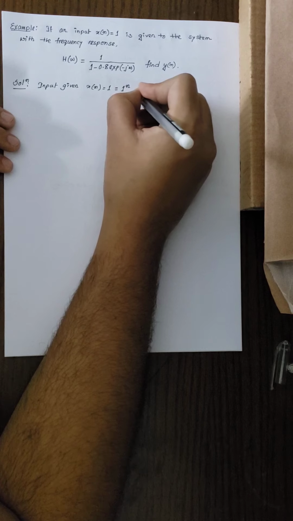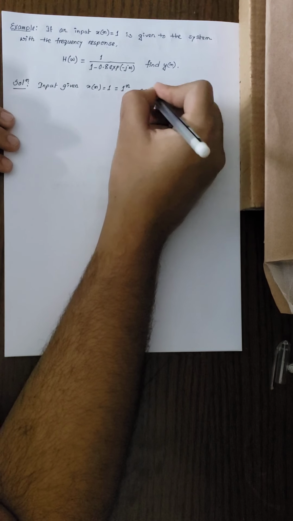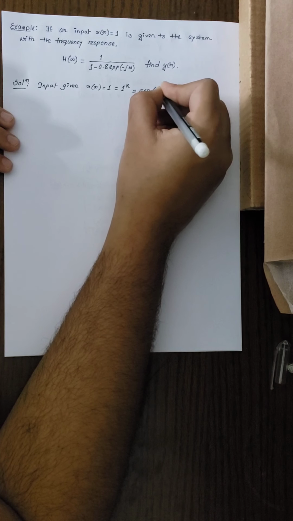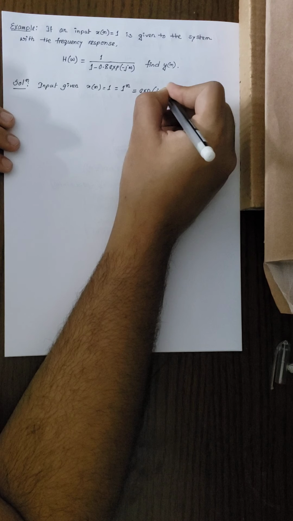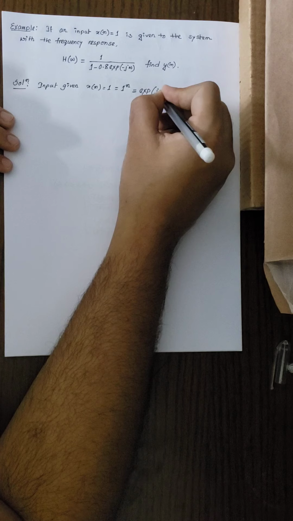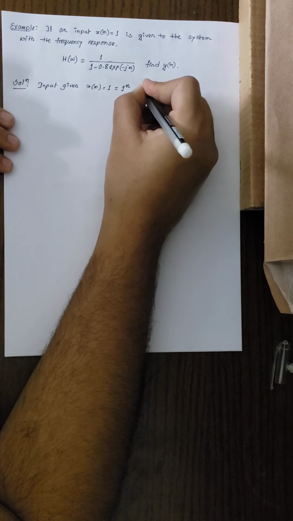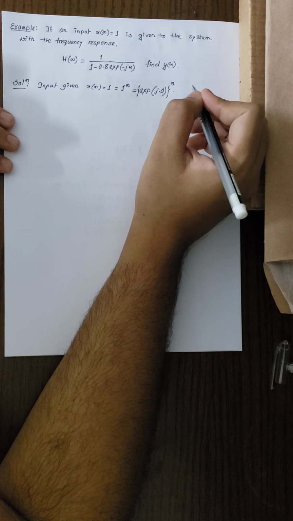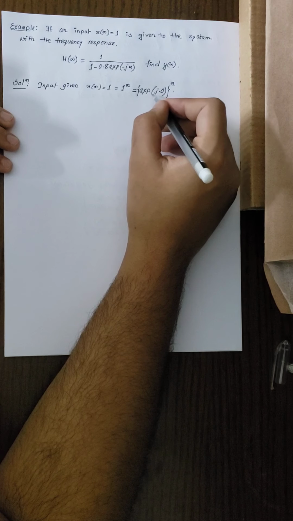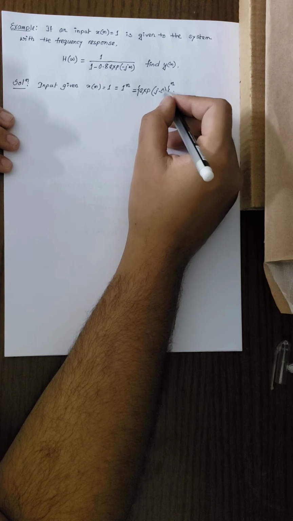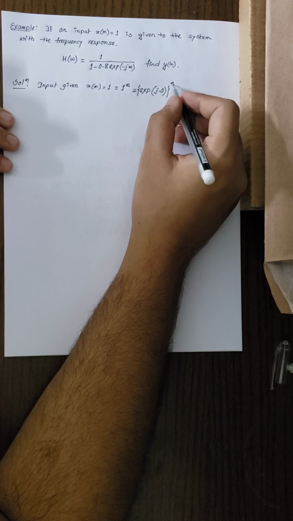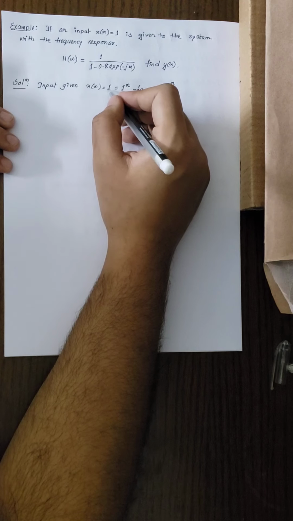So now this can be further written as e to the power of j times 0, whole raised to the power of n. This is also true because e to the power of j times 0 is e to the power of 0, which equals 1, and 1 raised to the power of n is also equal to 1.